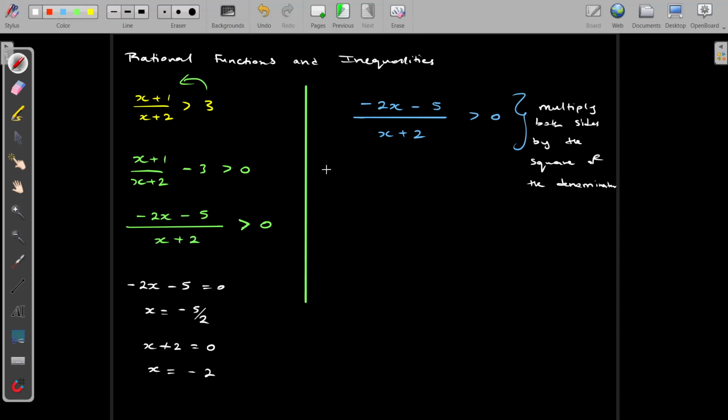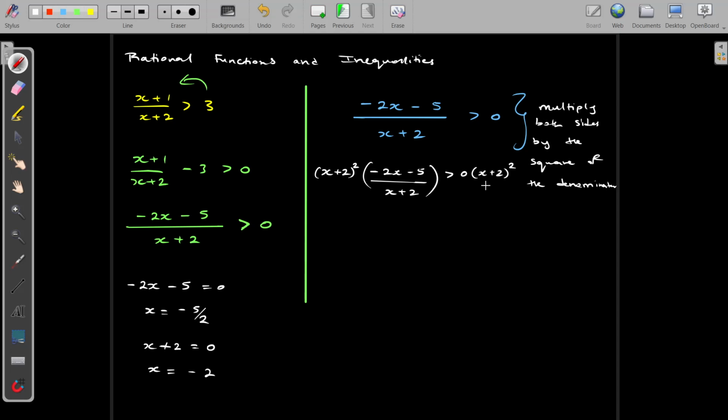So that means we can say x plus 2 all squared, times minus 2x minus 5 over x plus 2, is greater than 0 times x plus 2 all squared.